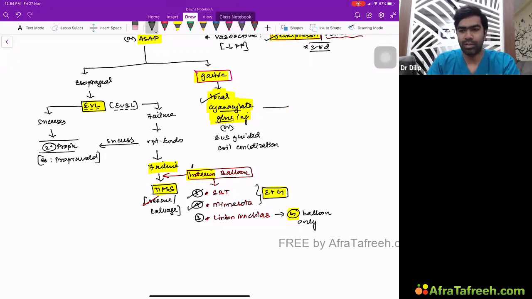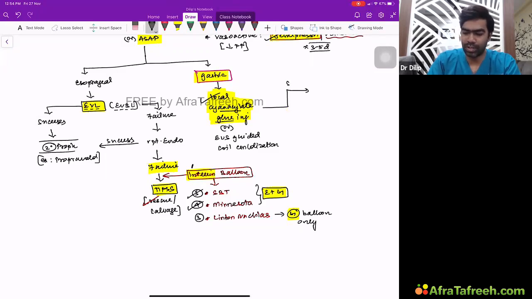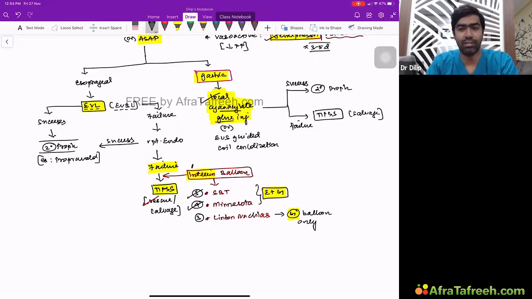Again, outcomes depend. The outcome could be successful. Once successful, you're going to start with secondary prophylaxis. If it has failed, if you don't have a successful endoscopy, then straight away you go for salvage TIPS. Here you don't need to repeat endoscopy because gastric varices are already difficult to control.